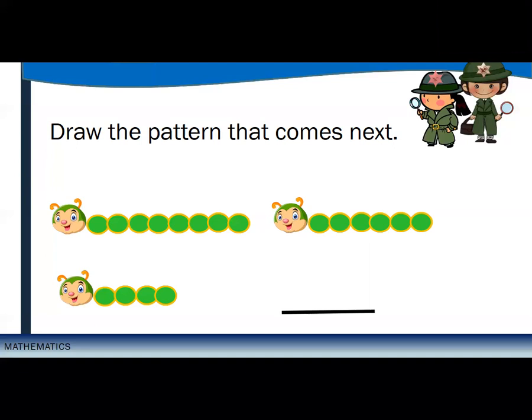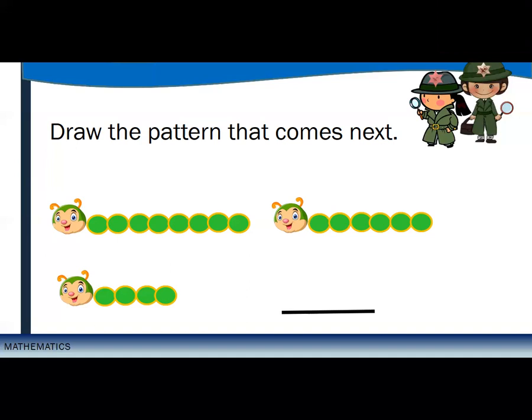That is awesome, boys and girls. Can you identify a rule for how the ovals are decreasing? Or maybe you call them circles, but that's all right, boys and girls. Let's check to see how the ovals on each caterpillar are decreasing.